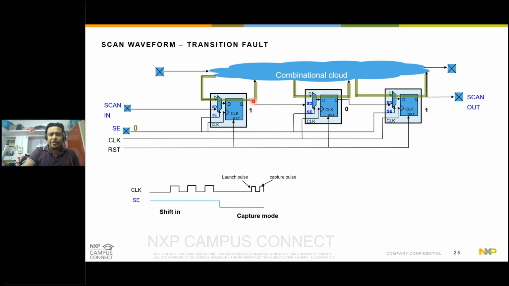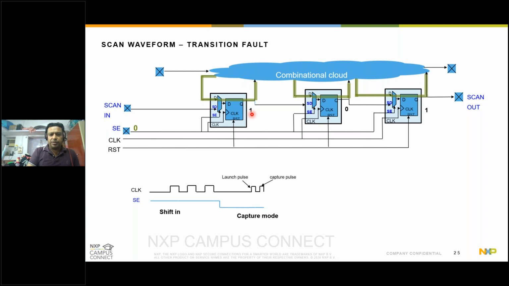So now let's say there was a fault on this particular path. So what will happen is this transition which is observed from here as 0 to 1 will not happen within the time my capture pulse comes, and I will, instead of capturing a 1, again capture a 0 here because of a fault.